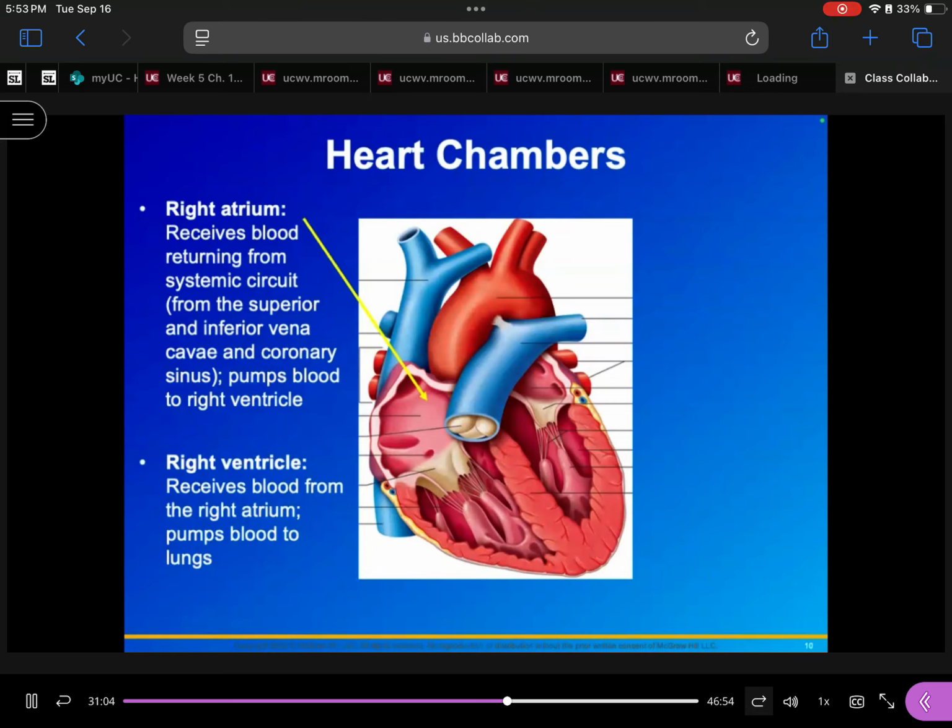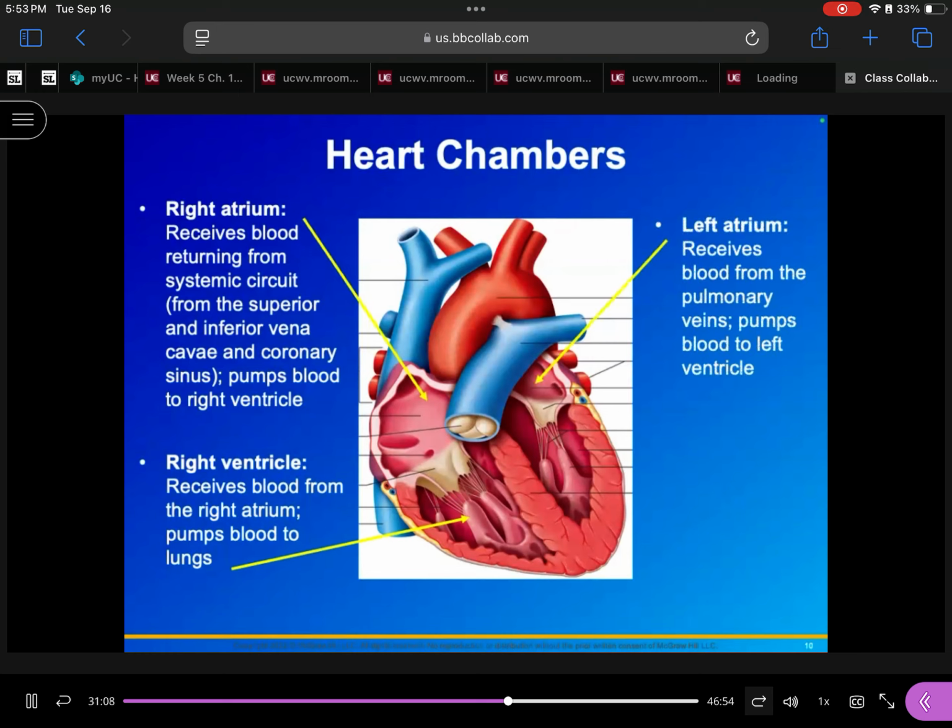And once we're oxygenated, we want to get back into the heart. So then we go through the left atrium. It receives blood from one of the four pulmonary veins. So you have two pulmonary veins on this side, two on that side. But understand, if you're looking at the anterior side of the heart, you can see a lot more of the right atrium.